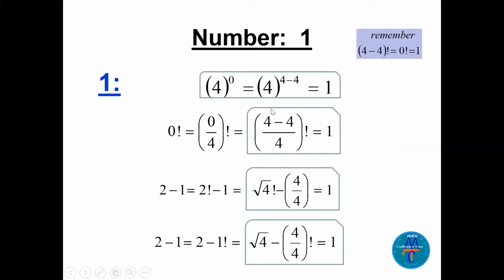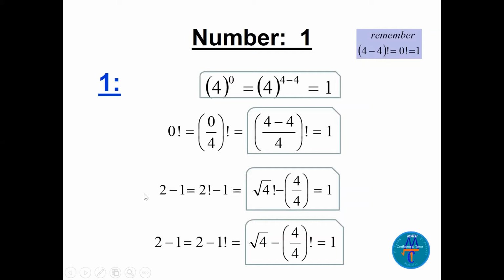That's 1. Now, I know 0 factorial is 1. How can I use 3 4s to make 0? I already mentioned that. It's 4 minus 4 divided by 4. That's 0. 0 factorial is 1. So finished now. Now, to make 1 also, I can write 2 minus 1. But see, these are numbers 2 and 1. I need 3 4s.